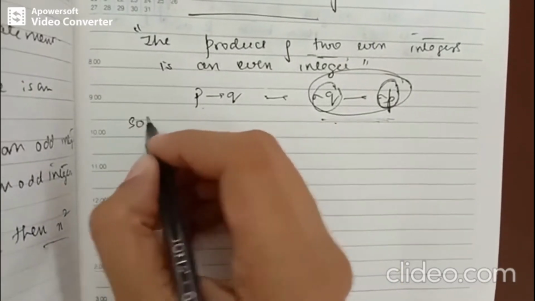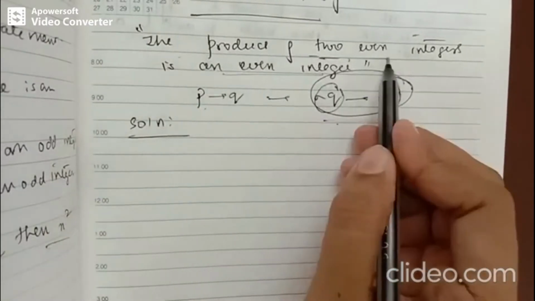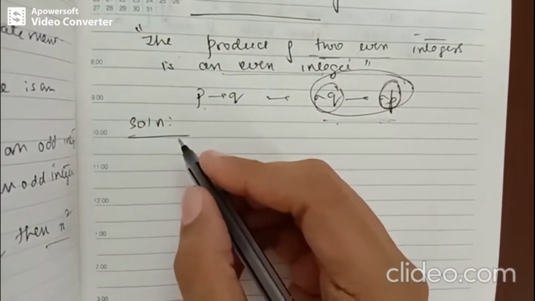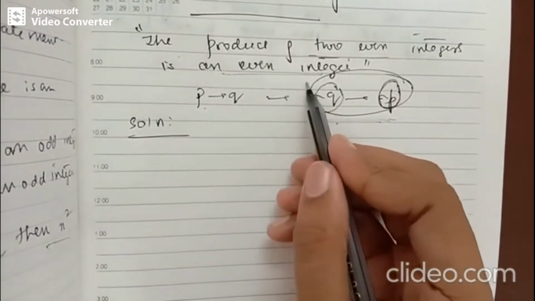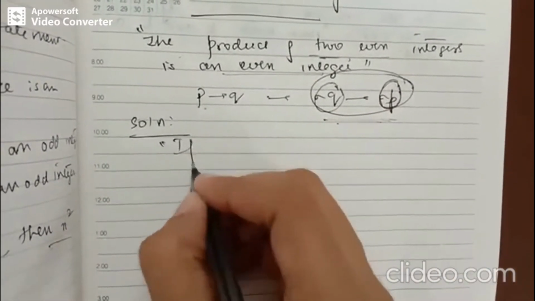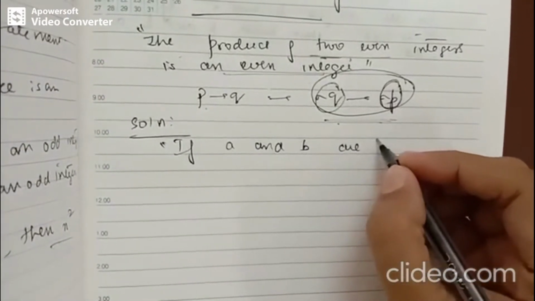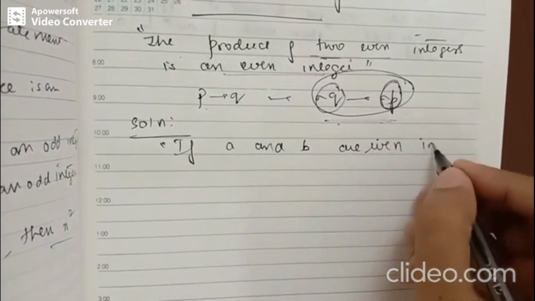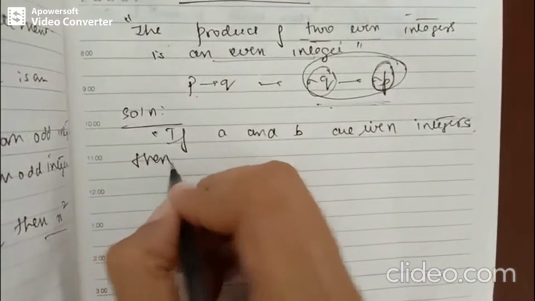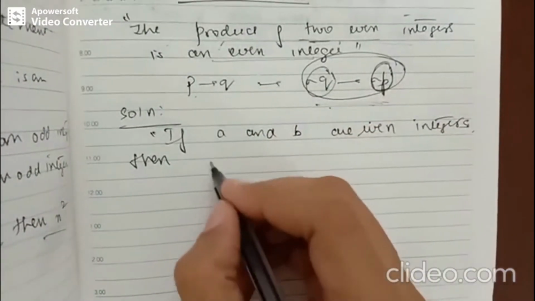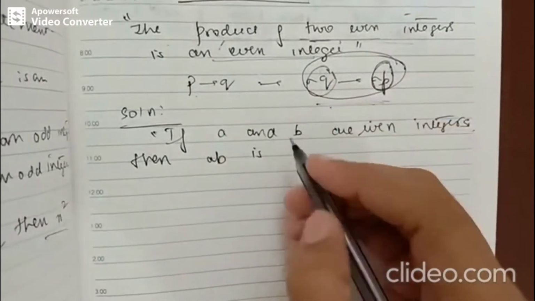Okay, so first of all, let's write down this particular question in terms of variables. Here you have been given the product of two even integers is an even integer. So if a and b are even integers, then the product, that is AB, is an even integer.